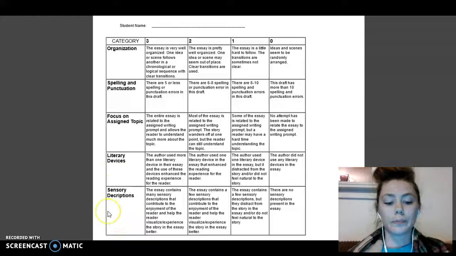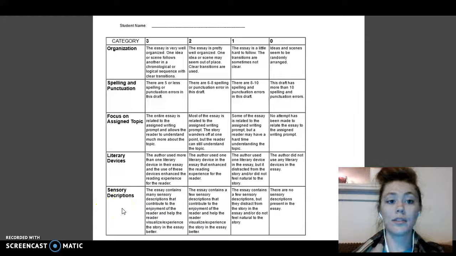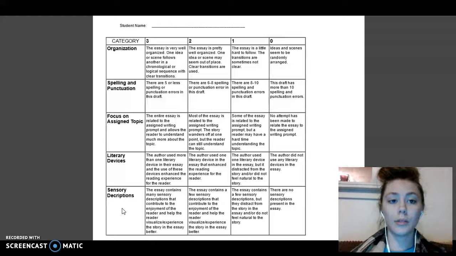Sensory descriptions. Sensory descriptions are just describing things using the 5 senses. Pretty simple, but I will still include a little bit of a better explanation of them on the learning module. So you have to include sensory descriptions in your essay. Here I did not put down specific numbers because I feel that it's kind of a case-sensitive thing.